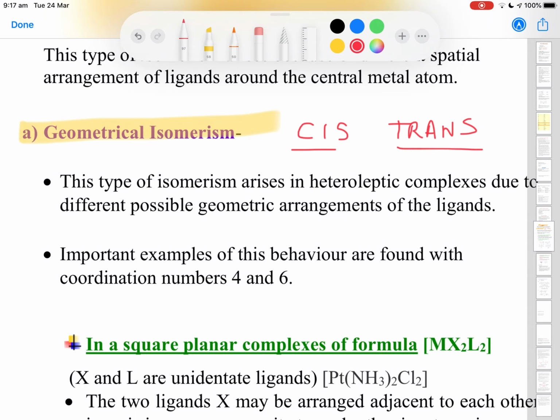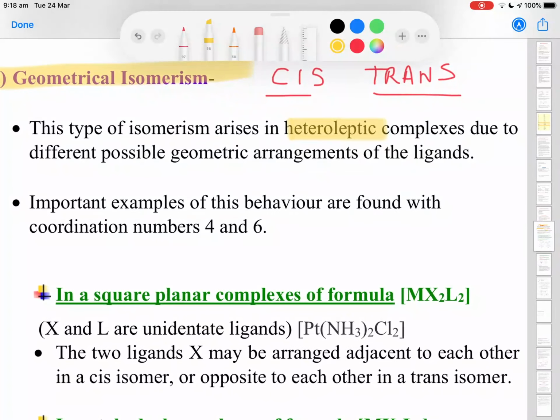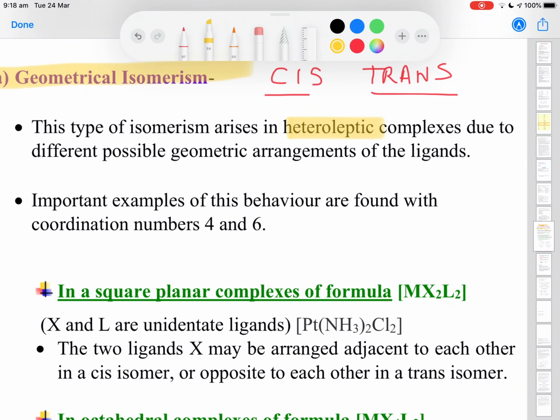Before that, I would like to mention one very important thing here: this type of isomerism arises in heteroleptic complexes. And we already understood that the term heteroleptic means complexes containing two different types of ligands. So what the geometrical isomers cis and trans are, and what the difference between them is, we'll be discussing.